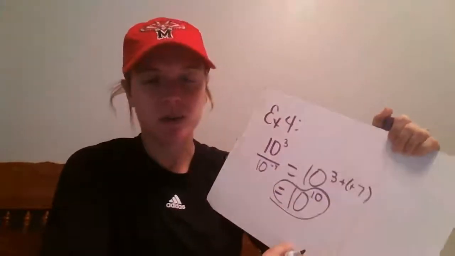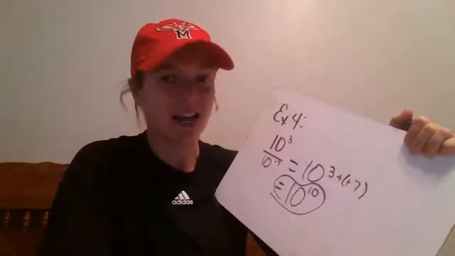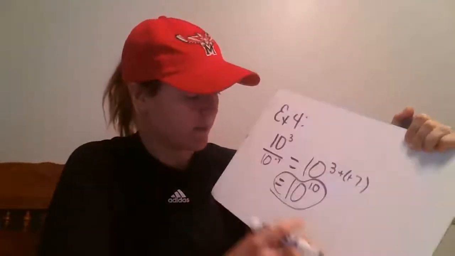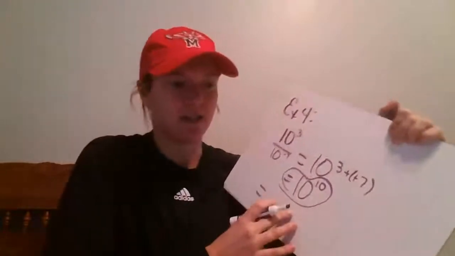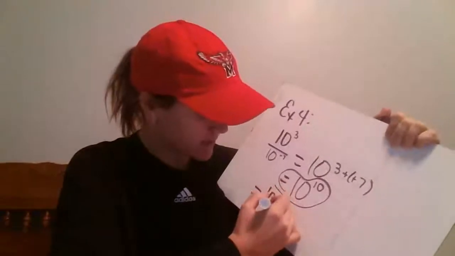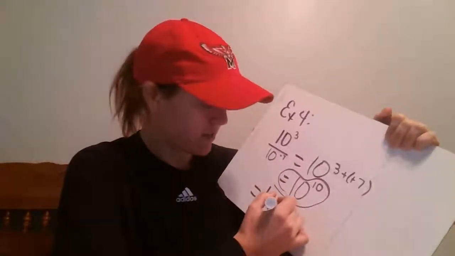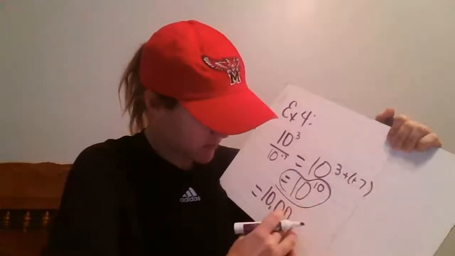But then we also have to put it into standard form. So we need to multiply 10 by itself 10 times. If we do 10 times 10 times 10 times 10, all those 10s, we're going to end up getting 10 billion.